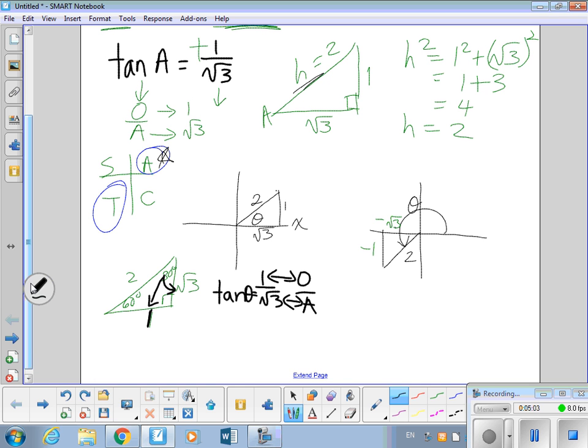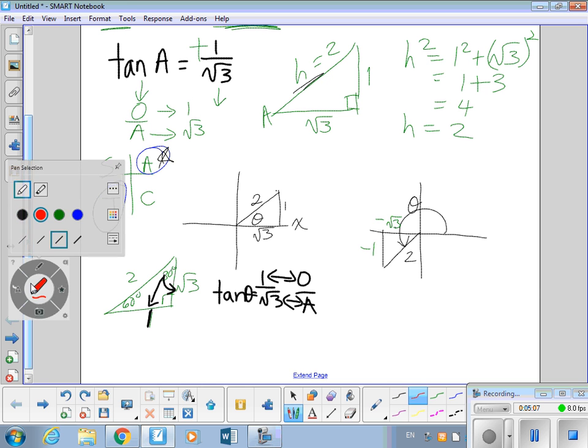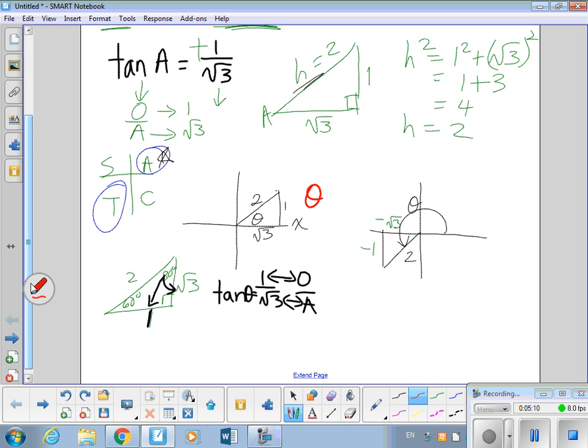So I know that in the first quadrant, this theta here is 30 degrees. And in the third quadrant, it's going to be 180 plus the 30, which is 210 degrees.